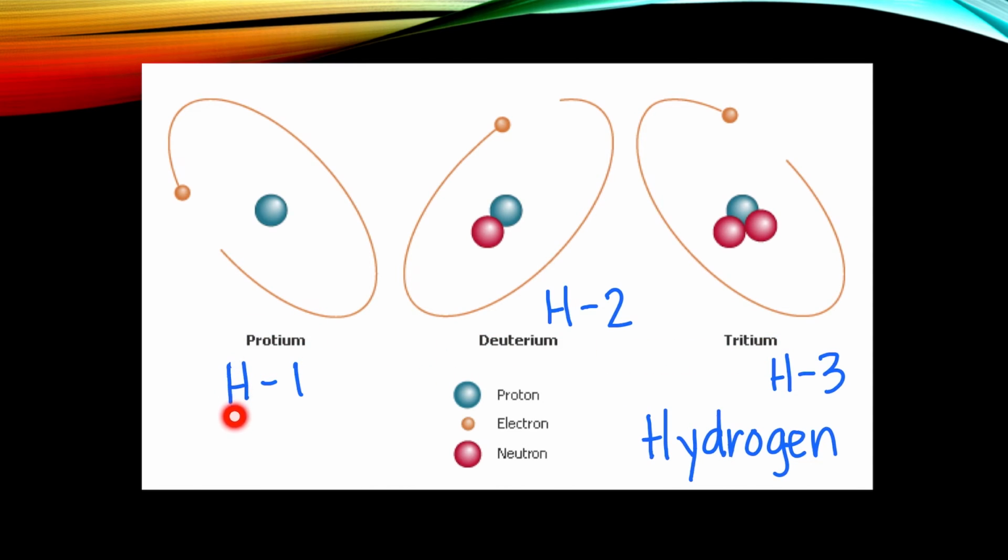That's not usually common, but I like to show you these pictures because here's protium, which has just one proton. It's hydrogen 1 with one thing. Here's deuterium with one proton because hydrogen has one proton always, and it has one proton and one neutron. And here's tritium, one proton, two neutrons.